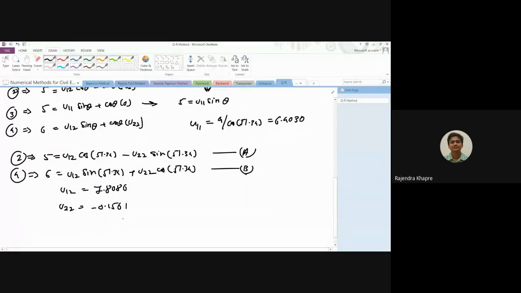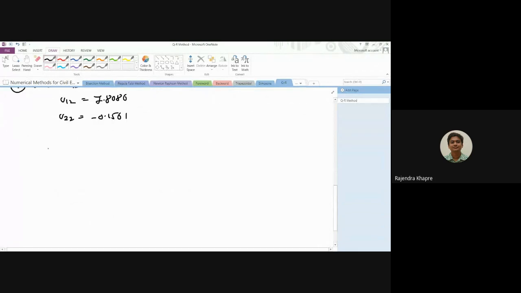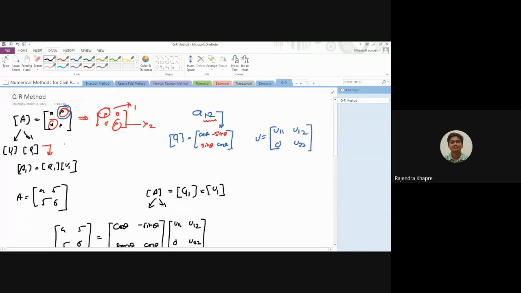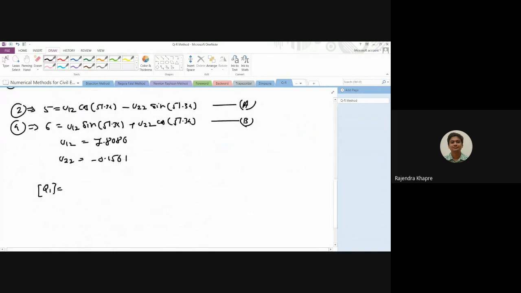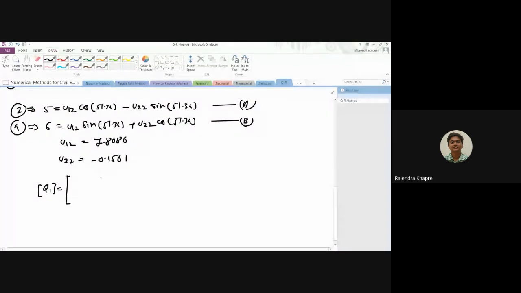So as a result of this, what you are getting is the Q1 matrix. If you refer to the Q1 matrix, it was cos theta, minus sin theta. You just substitute the value of theta there so that you get the Q matrix as 0.624, minus 0.78, 0.78 and 0.624.